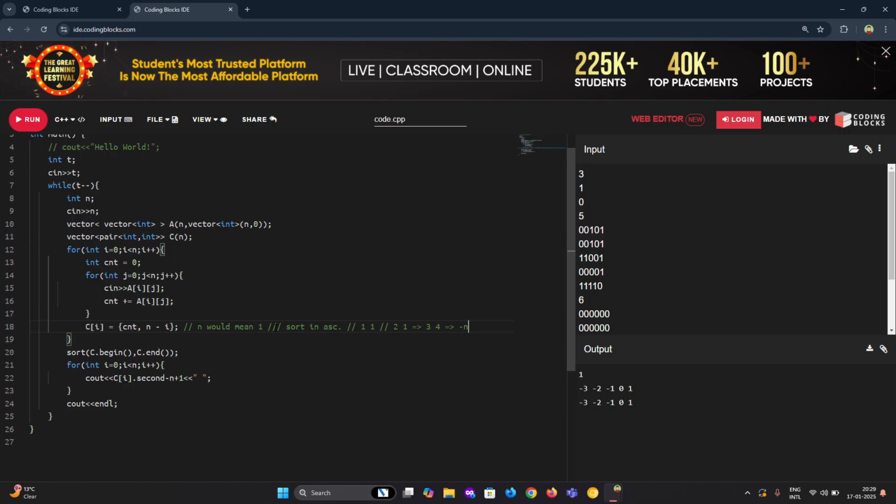I'll get minus i, and then I'll just negate it. I know this is stupid, but this is a custom sort function, right? This is what I got.